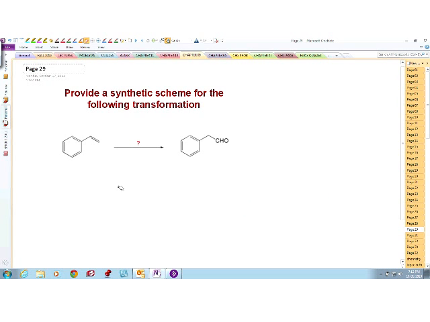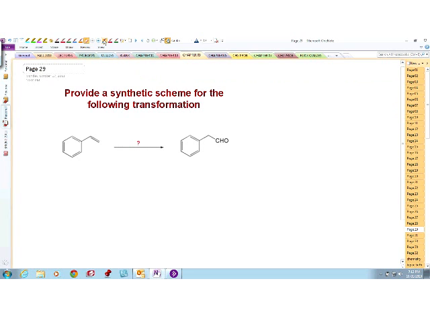Okay, let's do this problem. How will you go from this alkene to this aldehyde?